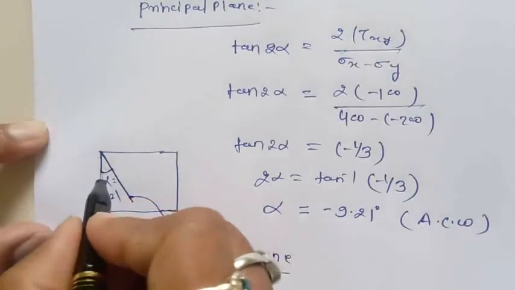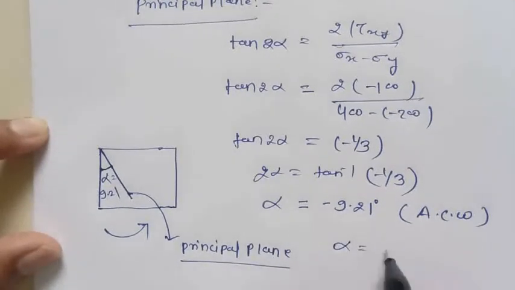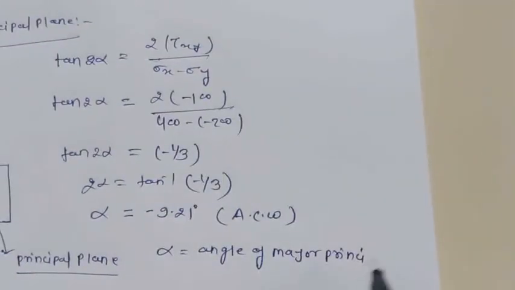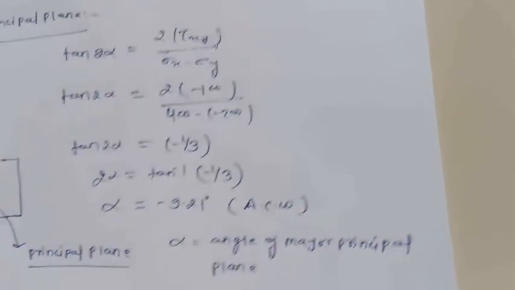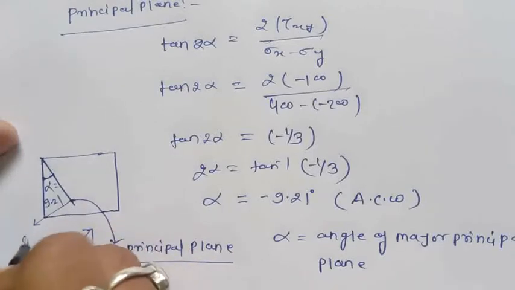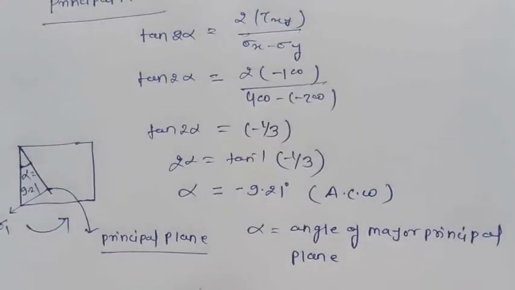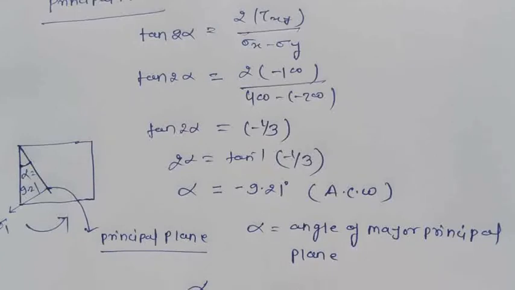So alpha is the angle of the major principal plane, where the major principal stress sigma 1 acts.